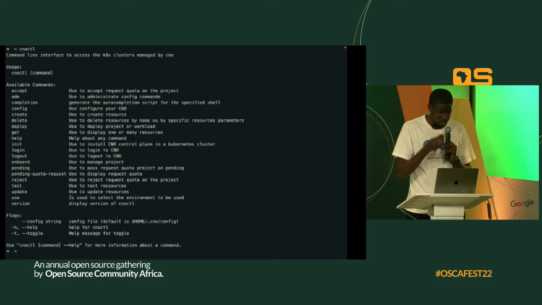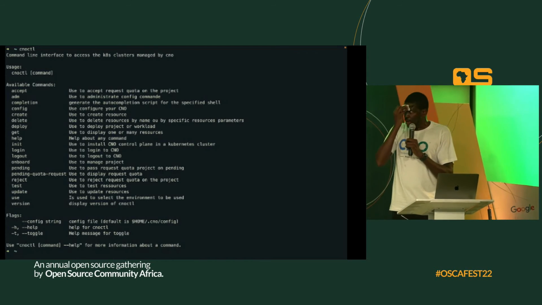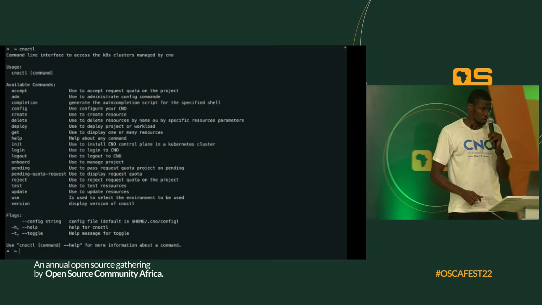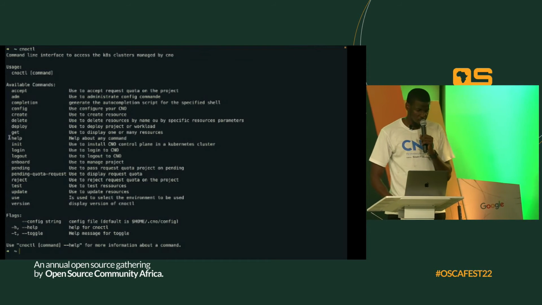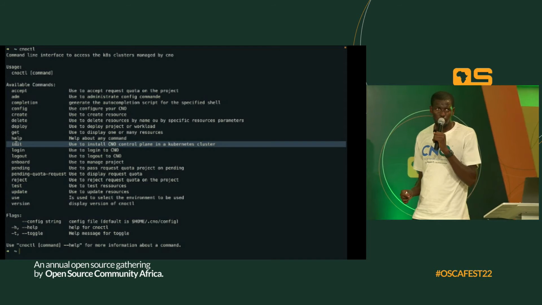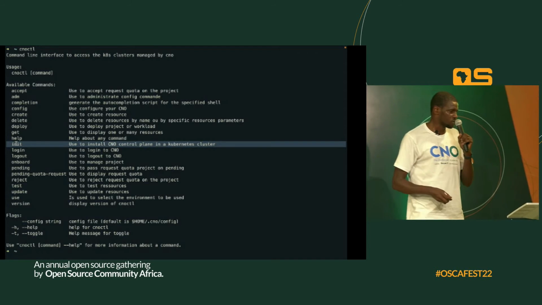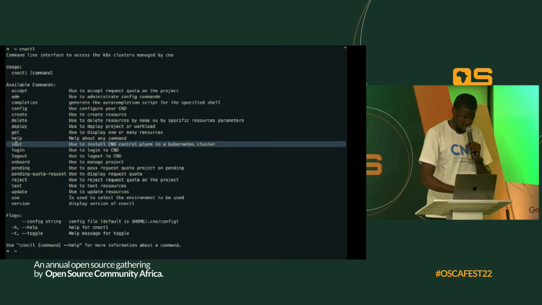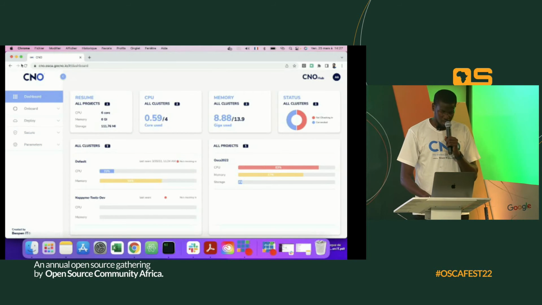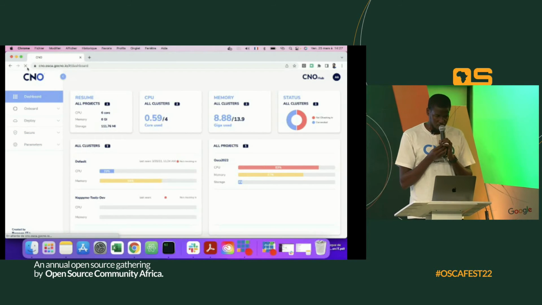CNO CTL will help you to do anything you want with CNO. For example, if you want to install CNO, the only thing you need is CNO install. So you just need a Kubernetes cluster, and that's it. The CNO CTL will help you to install CNO there. And after that, if CNO is installed, now you can log in to CNO.